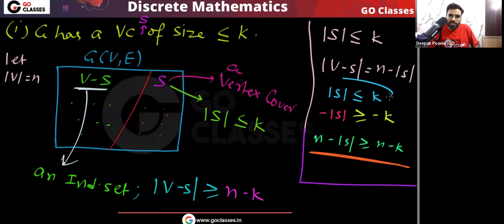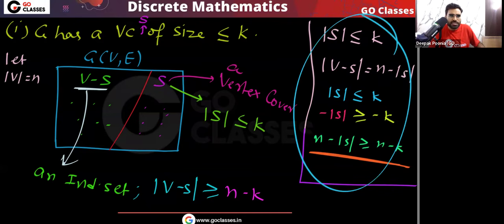If I multiply this inequality by minus one on both sides, the direction of the inequality changes. So minus size of S is greater than or equal to minus k. If I add n on both sides, then n minus size of S is greater than or equal to n minus k.